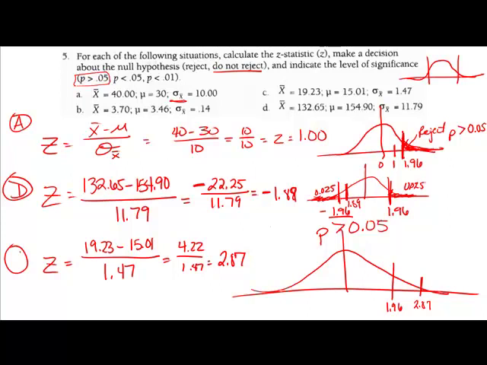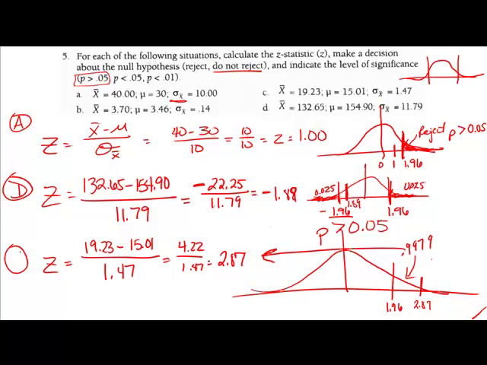There we go. 2.8, go over to 7. That is 0.9979. That is not a lot left in these tails. That's less than 1%.